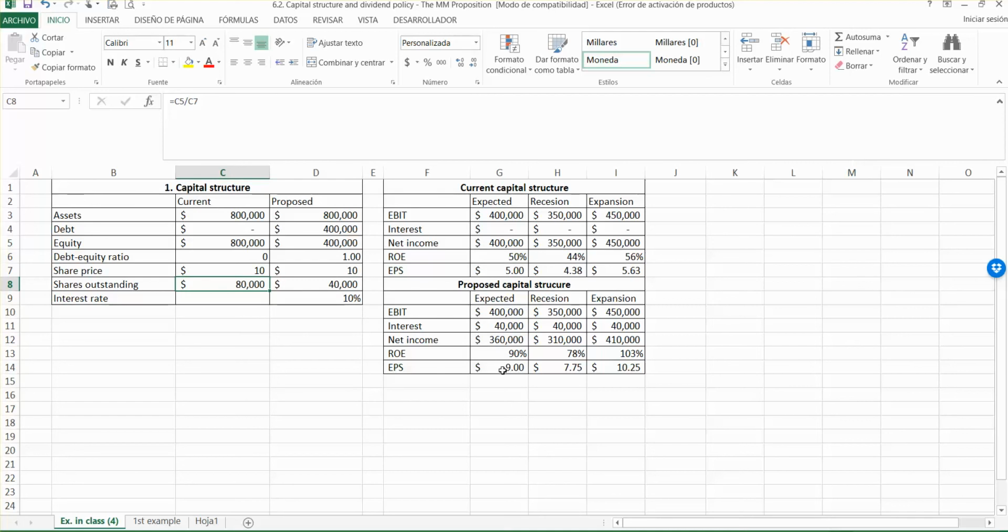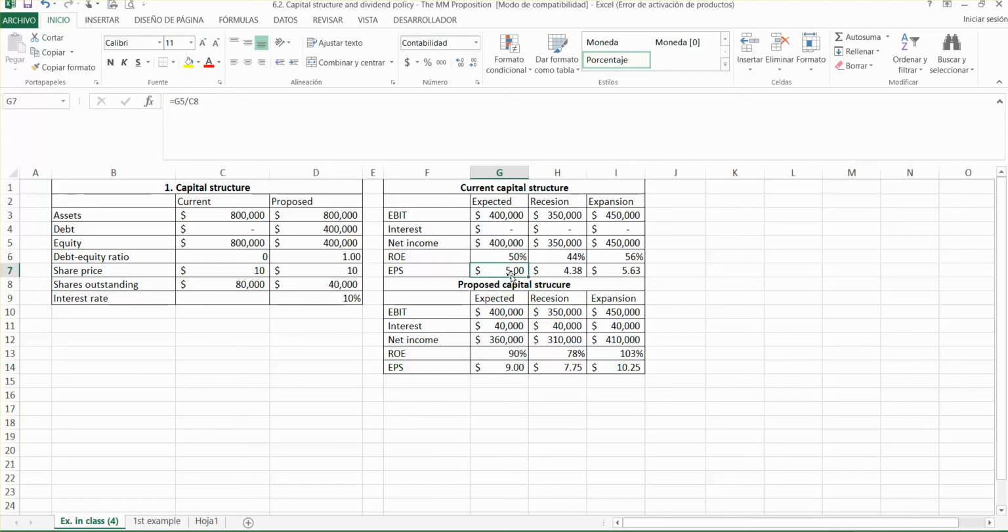You see about this 80,000 and 40,000, but the equity per share is 9. It's 9 instead of 5.